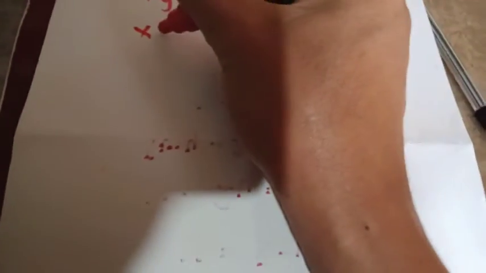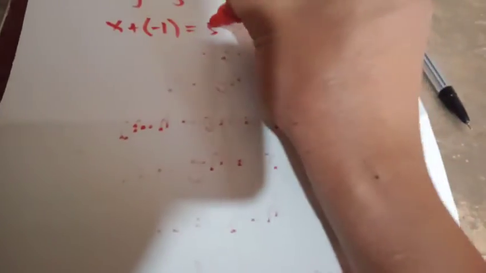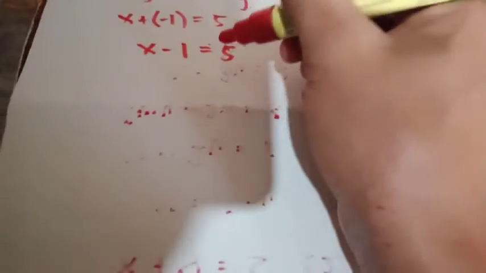So we have x plus negative 1 equals 5, and then simplifying further, we have x minus 1 equals 5, and then we transpose 1 to the other side.